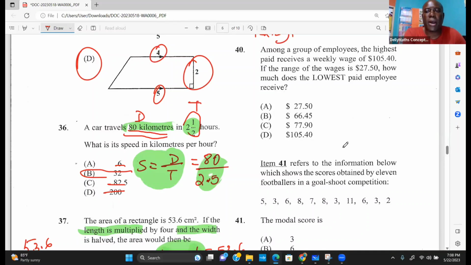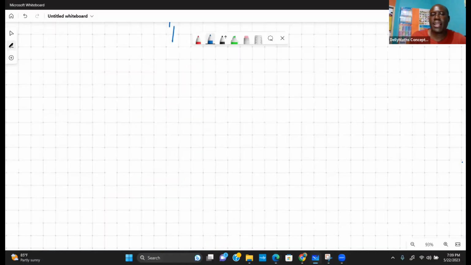Among a group of employees, the highest paid receives a weekly 105.4. If the range is 2750, how much is the lowest? Remember, this is regular stats, where the concept of a range is the highest minus the lowest.